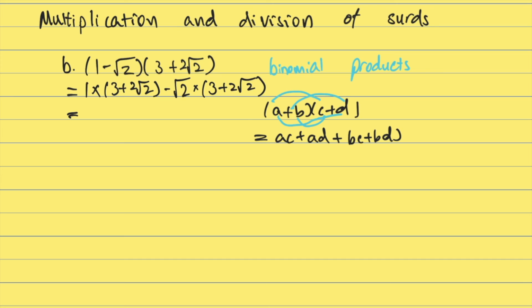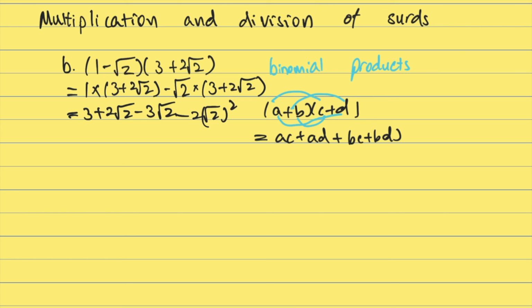And then we further simplify this. We get 3 plus 2 square root 2 minus 3 square root 2 minus 2 square root 2 squared. Don't forget it's minus because there's a minus before the bracket.